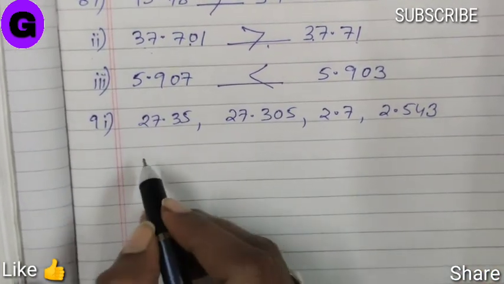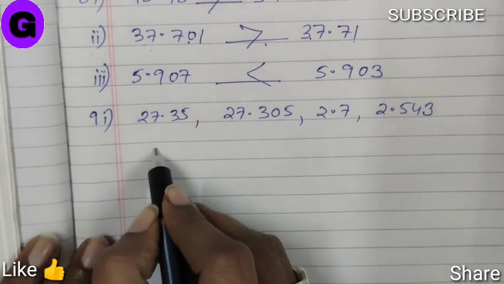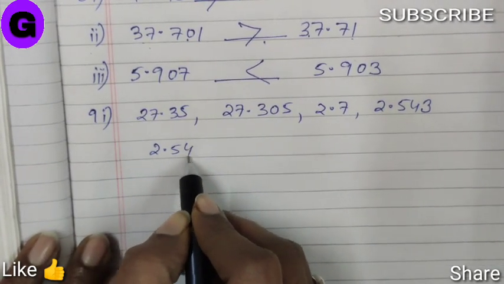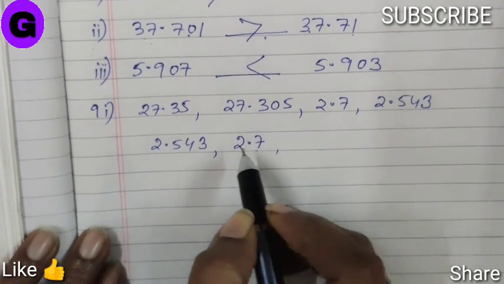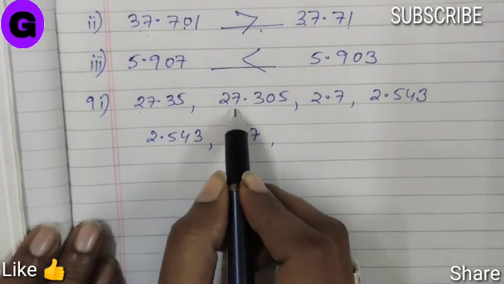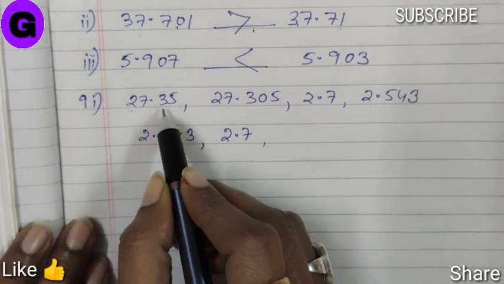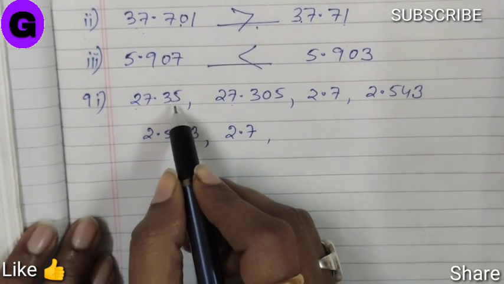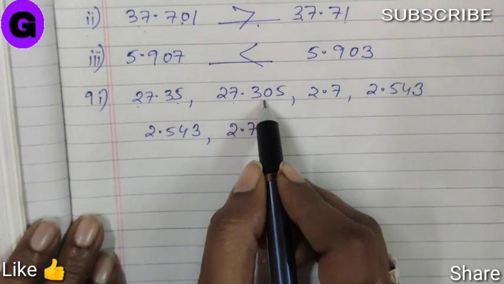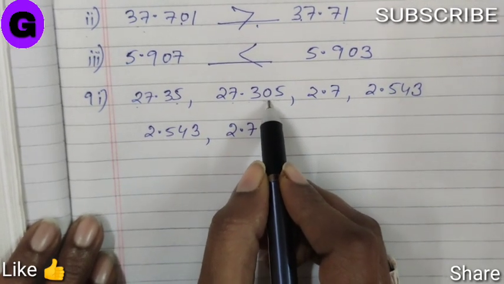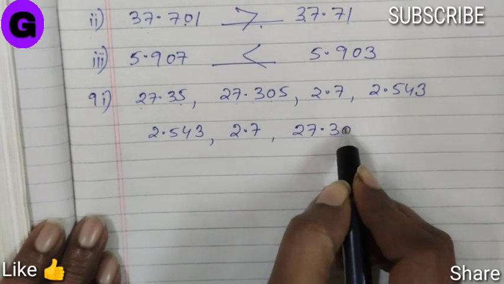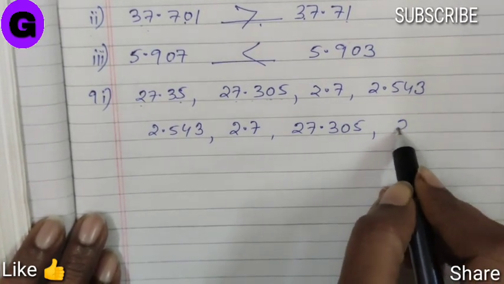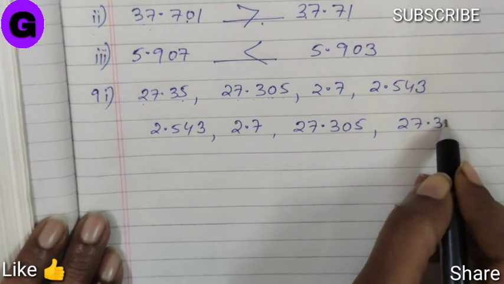So, the first smallest number is 2.543. Then comes 2.7. Now in this case 27 they are equal, so we'll consider the digits after the decimal. This is 35 and this is 305. So no doubt this is smaller. So the next number will be 27.305 and lastly 27.35.